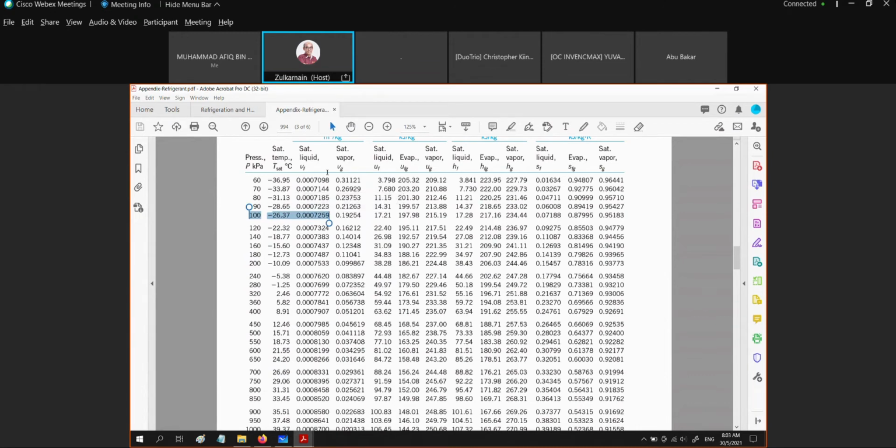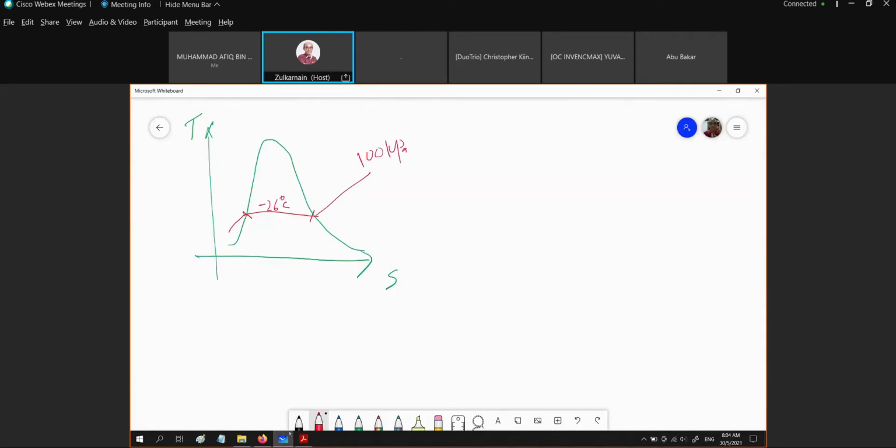All right. So if we can go lower than that, then we could get a much lower temperature. Let's say we have a heat exchanger, whereby this is the R134A coming into the heat exchanger.